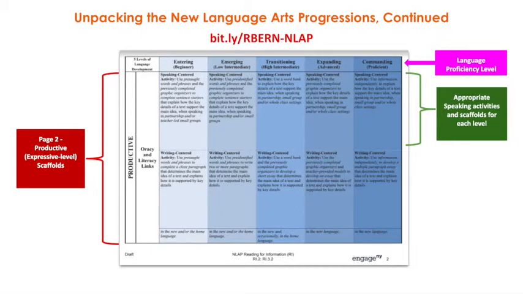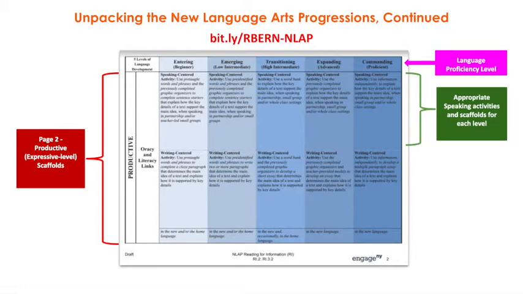If you jump to transitioning to see how the levels change, you can see that the speaking-centered activity becomes use a word bank to explain how the key details of a text support the main idea when speaking in partnership, small group, and/or whole class settings.